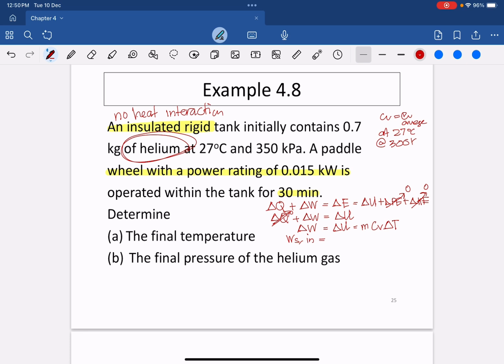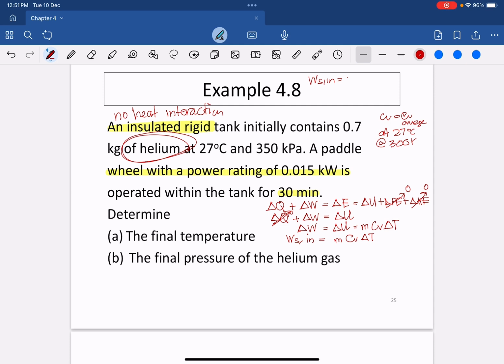It equals m Cv delta T, and we need to find the final temperature. Shaft work is calculated from power times time.